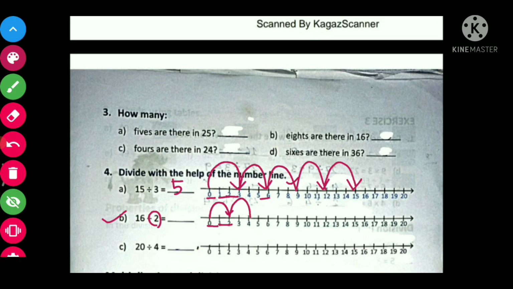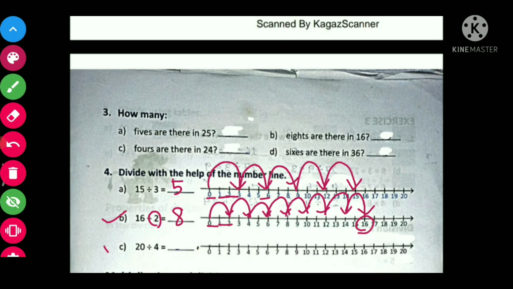So this one is 2nd step, 3rd step, 4th step, 5th step, 6th step, 7th step, 8 steps. So now we reach here at the number 16. So total how many steps did we take? 8 steps. So we can write it as 16 divided by 2 equal to 8.